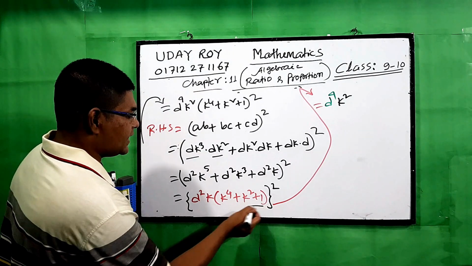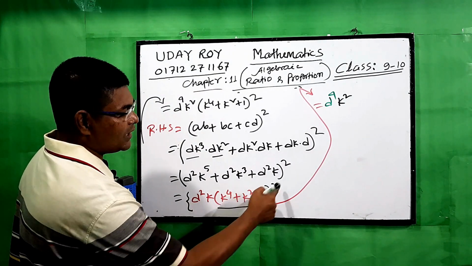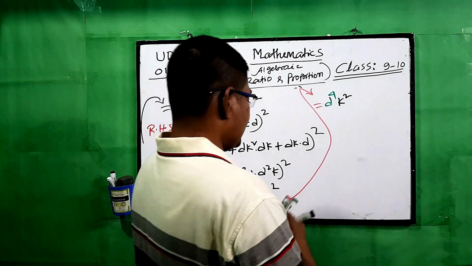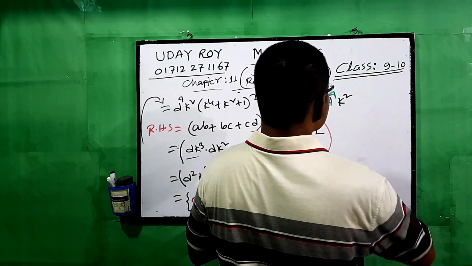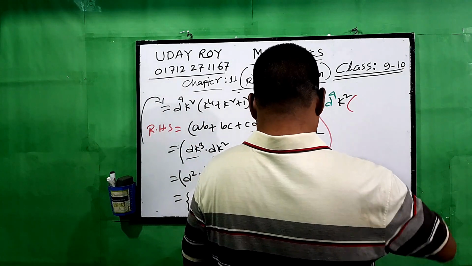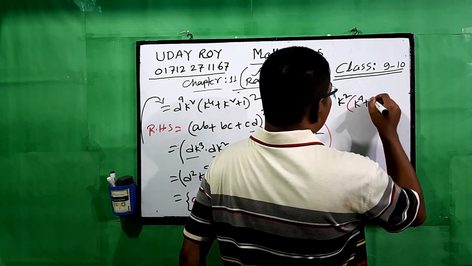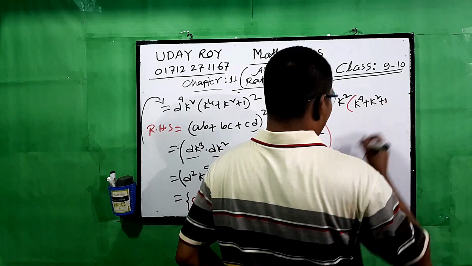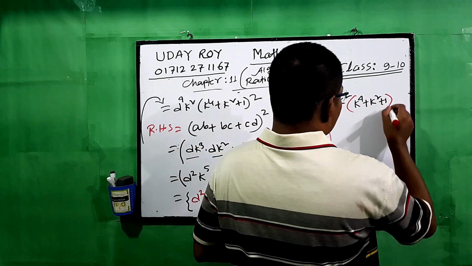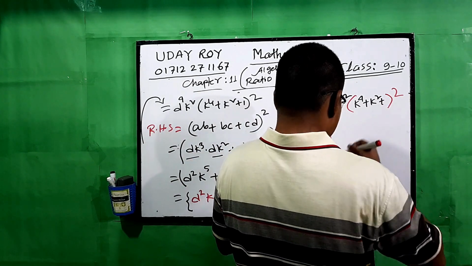Here you can see k4 k square 1, but here is a whole square. So we can write k4 plus k square plus 1, whole square.